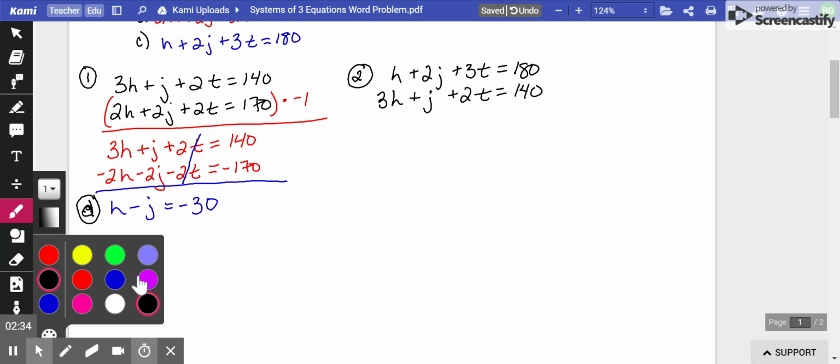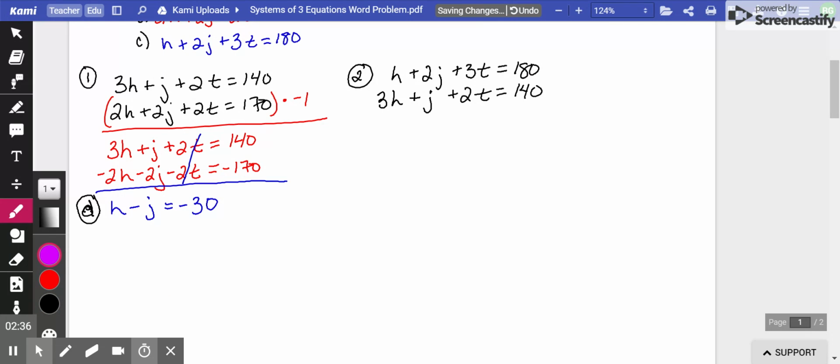You could use equation B if you wanted to, but I'm just going to use A. Now the key here is you have to eliminate the same variable you did in step 1. So since I eliminated t in step 1, I have to eliminate t here in step 2. In this case, because it's 3t and 2t, I need to multiply both equations. So I'm going to multiply the top equation by 2 and the bottom equation by -3.